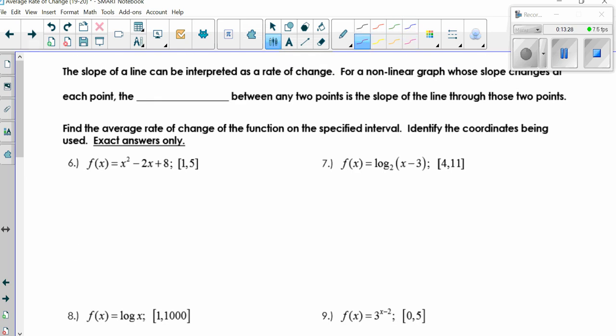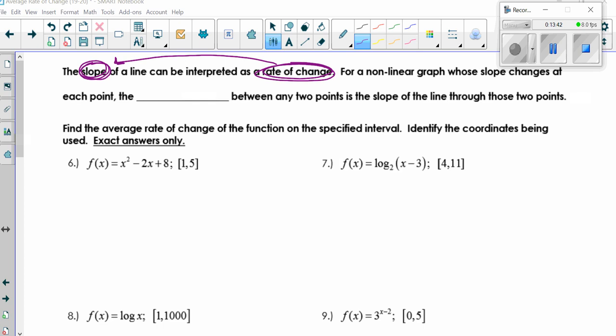To start, it says the slope of a line can be interpreted as rate of change. So every time we see slope, we can think about it as average rate of change or vice versa. Usually we think of average rate of change as slope. For a non-linear graph whose slope changes at each point, the slope between any 2 points is the slope of the line through those 2 points.